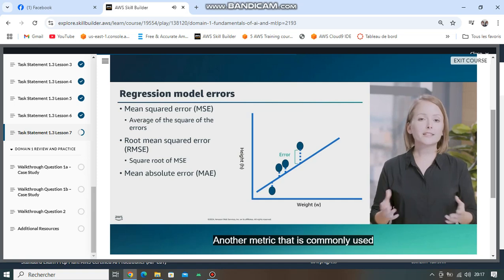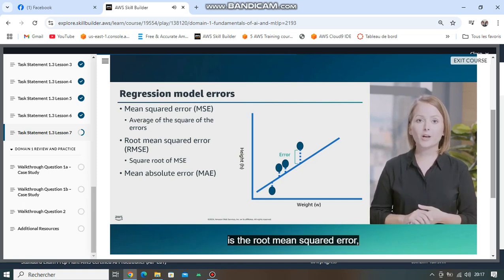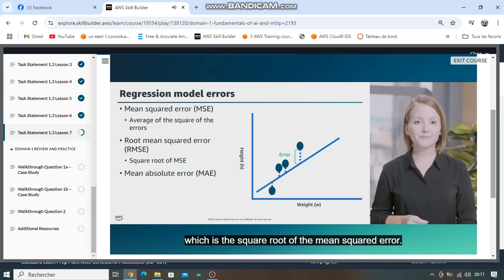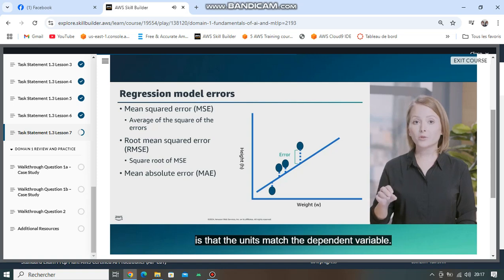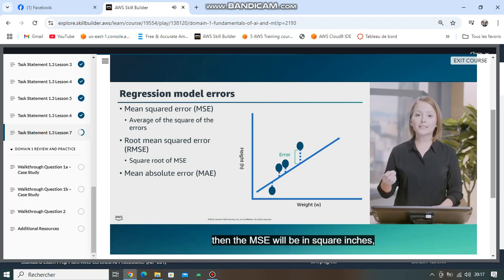Another metric that is commonly used is the root mean squared error, which is the square root of the mean squared error. The advantage of using the square root of the MSE is that the units match the dependent variable. In our example, if the height is measured in inches, then the MSE will be in square inches, but the RMSE is in inches.